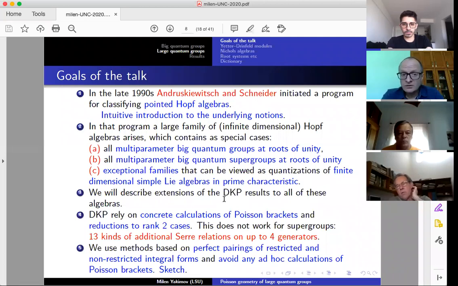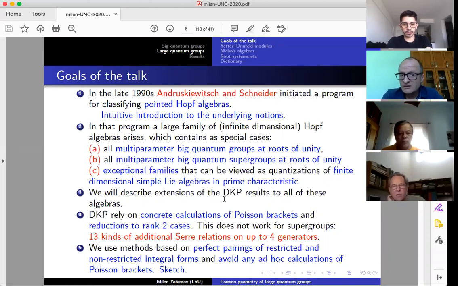However, if you look at the quantum Serre relations that appear in the description of these algebras, there are 13 different kinds of additional Serre relations compared to the classical ones, and they go all the way up to 4 generators. So if you were to pursue exactly the method of De Concini-Kac and Procesi, you would have to do these reductions case by case for all 13 kinds, all 13 families.